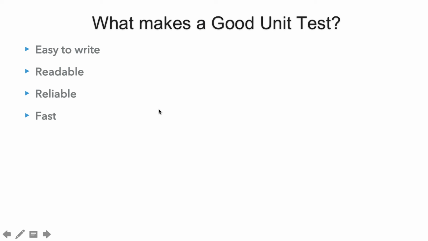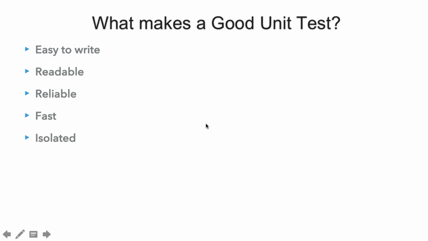If they are running those test cases very frequently, they should not wait. The feedback should be provided to them very quickly. Therefore a good unit test is a test which executes fast and provides feedback to the developer very quickly.